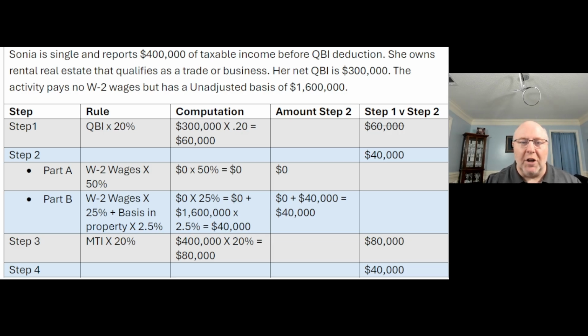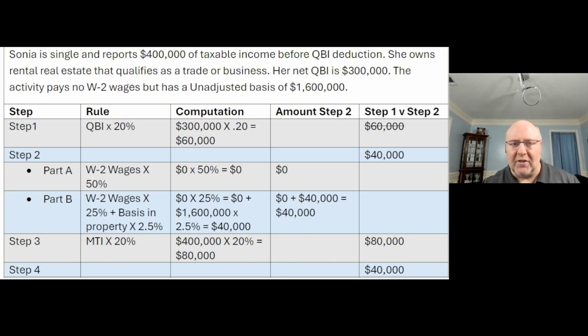All right, y'all, you've done a lot of the heavy lifting. You've gone through below the phase-out, above the phase-out, and you've dealt with your specified services trade or business. There's only one area left. It adds another test that we have to go through to figure out what happens if it is within the phase-out.